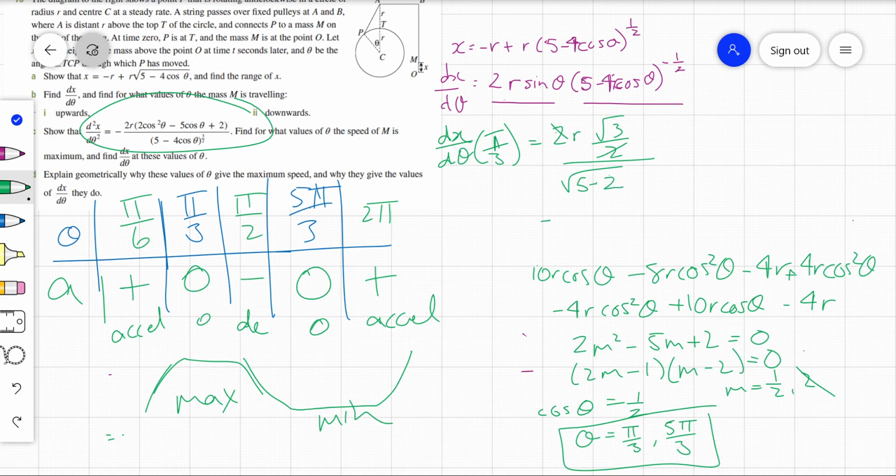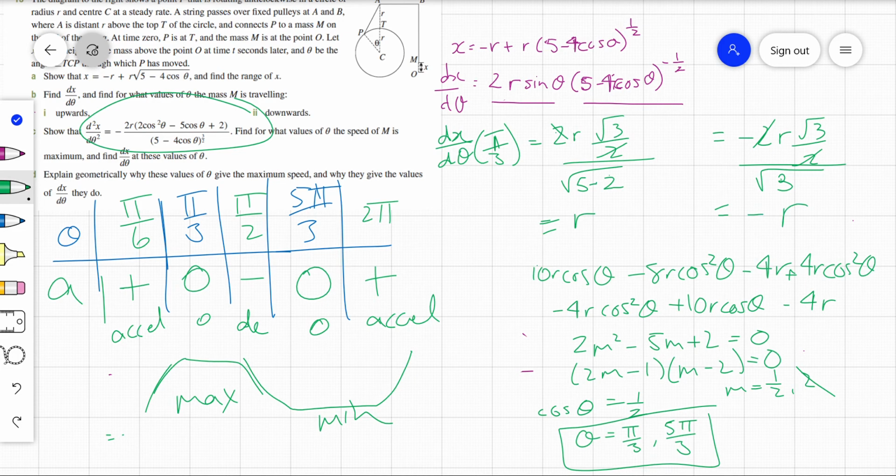So that's going to end up being a root 3 on a root 3, so we're just going to get r for that one. If I put in 5 pi on 3, I'm going to get minus 2r root 3 on 2, but it's negative, that's why I put the negative on the front. And then we're going to get a root 3 here, sorry. Which also gives us an r, but it's a negative r.